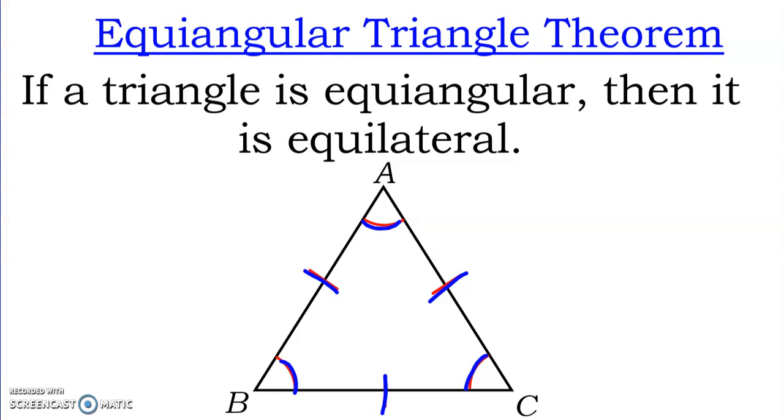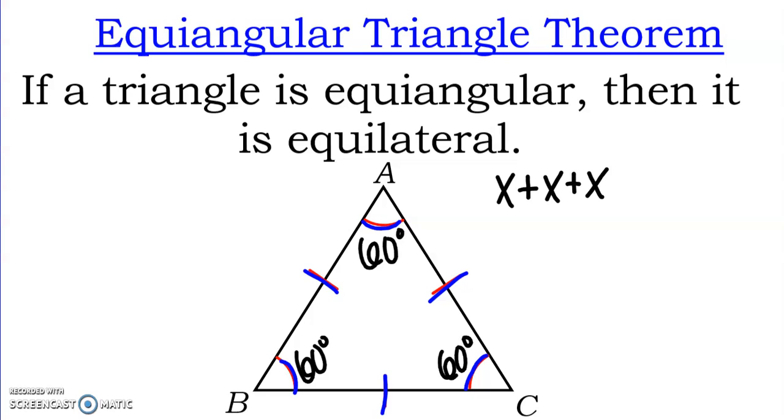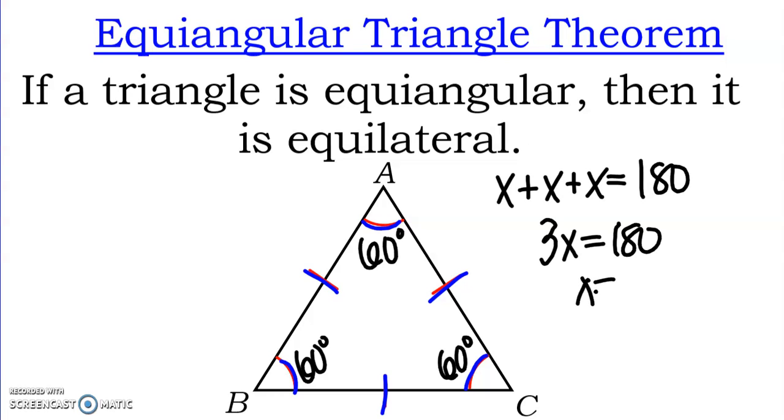Now, in an equiangular triangle, and therefore an equilateral triangle, there's only one measure that these 3 angles can be, and that's 60 degrees. Why? Because if we add together 3 angles that are the same measure, so we'll say x, x, and x, they have to sum to 180. And when you solve this equation, you get x equals 60. So in an equiangular triangle, the 3 angle measures are always going to be 60 degrees.